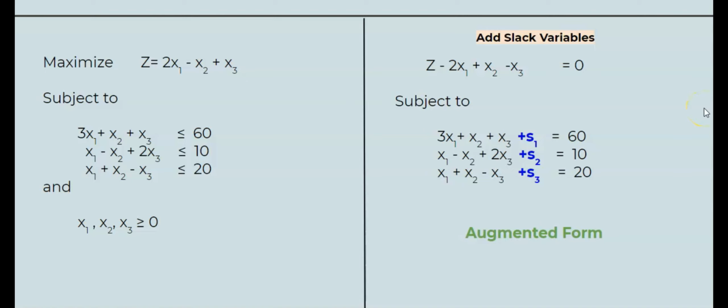So if you're looking for augmented form, you need to make sure that you have equality equations, you have slack variables, and your objective function is all set equal to z, whether the z comes over with the variables or the variables come to the z. Alright, now we're ready to do the tableau.